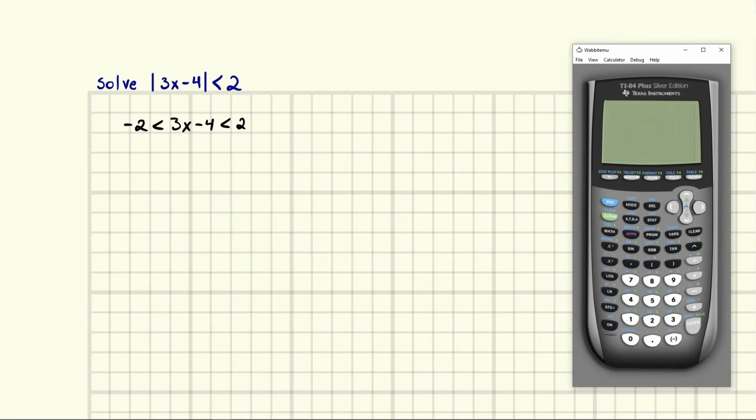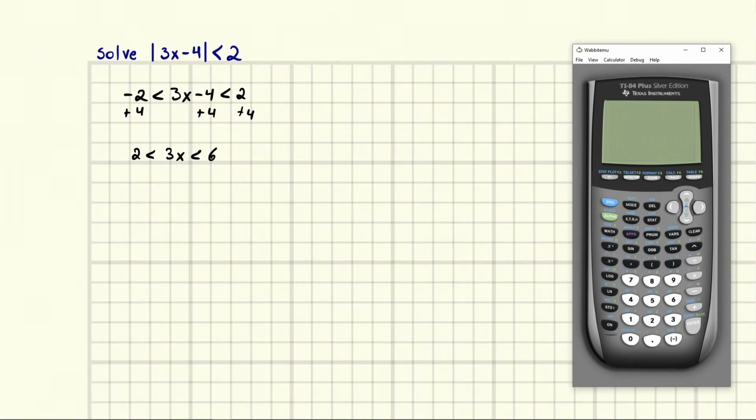So solving this, we can simply add 4 to each side. So if we add 4, add 4, add 4, we're going to get 2 less than 3x less than 6. And then we can simply divide everything by 3.